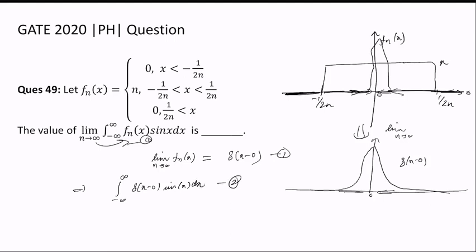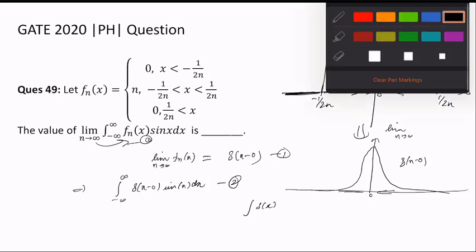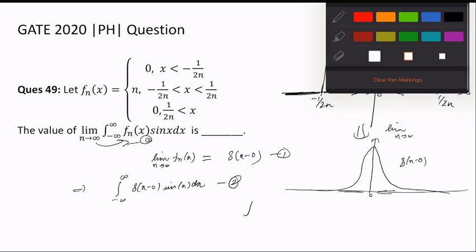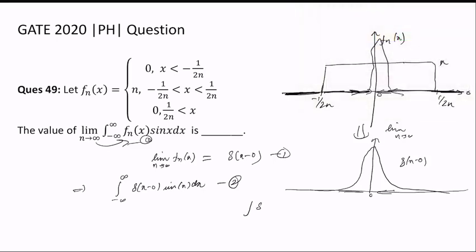Now one of the properties of the Dirac delta function is, suppose we have some function, integral of delta of x minus a times f of x dx, with limits x1 and x2.